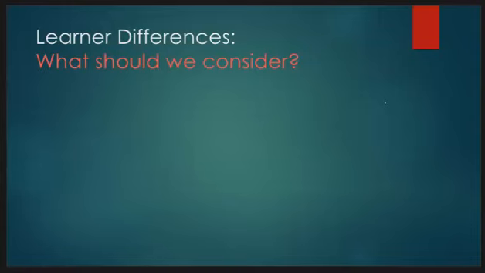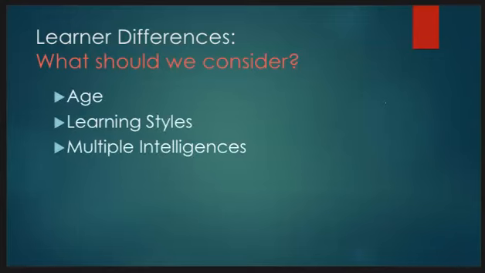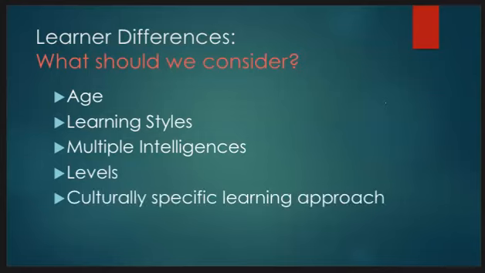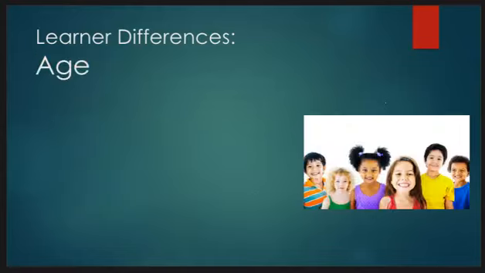Harmer identifies a number of them in the chapter, including age, learning styles, multiple intelligences, and those last two are pretty closely related. Levels, proficiency levels, as well as some culturally specific issues around the learning approach that our students might be coming from in their cultural background. So we'll look at each of those in the coming slides.